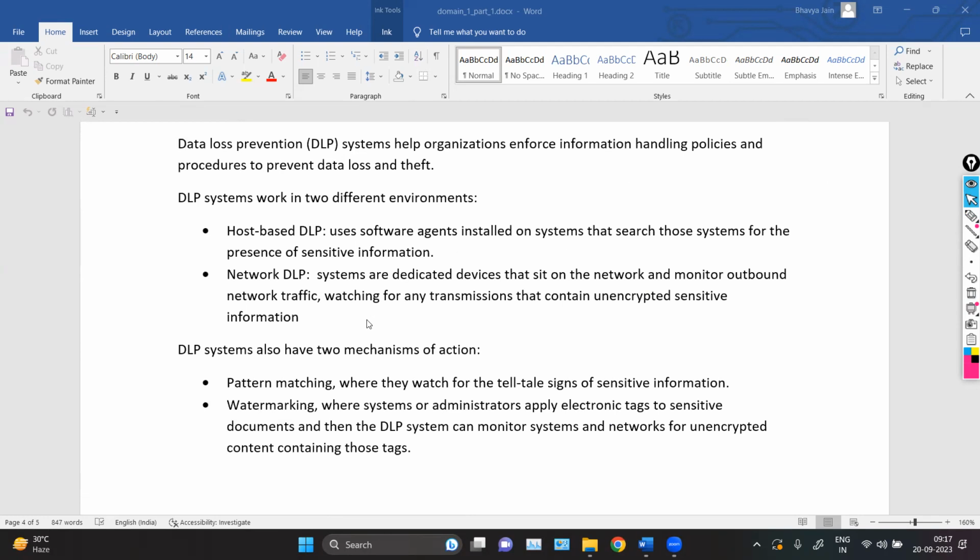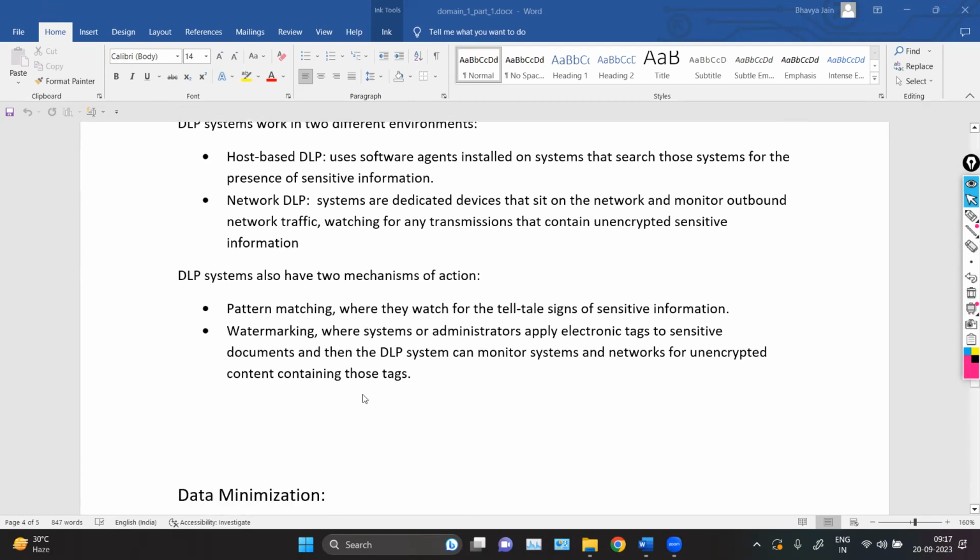Then DLP systems also have two mechanisms of action, that is, how DLP systems work. First, pattern matching, and second, watermarking. Pattern matching is identifying the signs of sensitive information. For example, let's say you are sharing credit card information by mail.